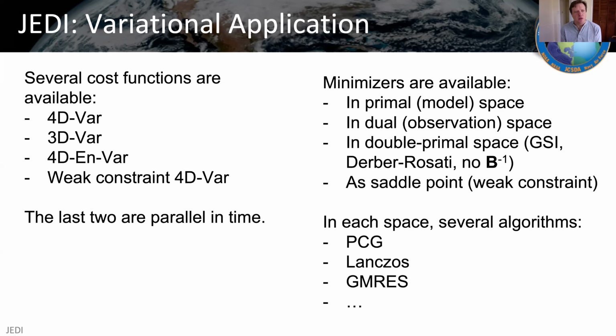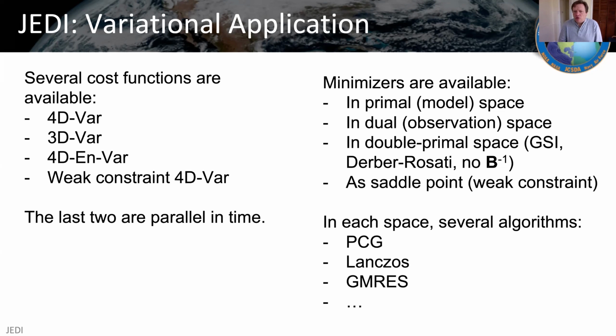So in your 4D-En-Var, you read in the state at different times, and that's done on different MPI tasks in parallel. That's a little bit more efficient, and same thing for the weak constraint 4D-Var. So you don't see the loop over time much in the code because it's handled by MPI.